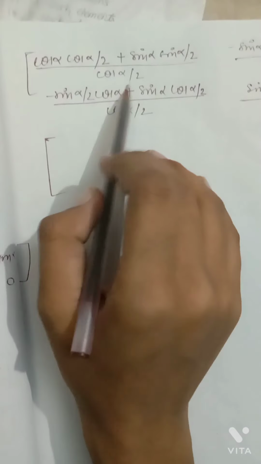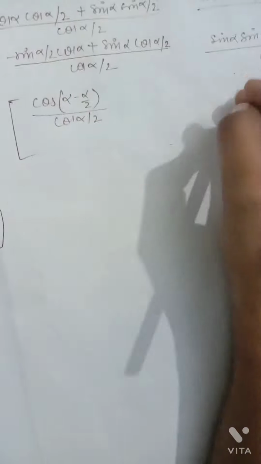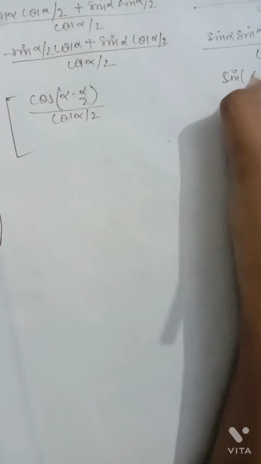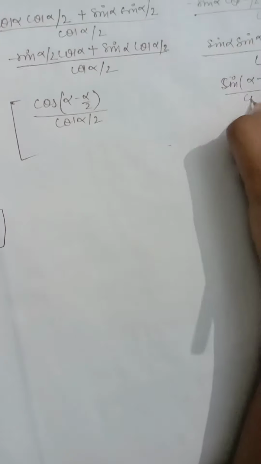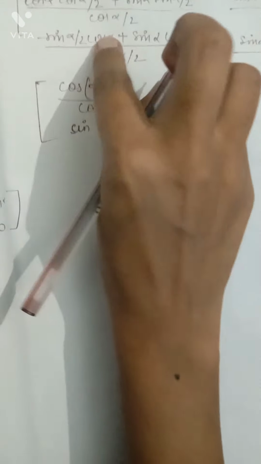Now from this we will get cos A cos B plus sin A sin B. It is an identity, cos of A minus B, upon cos alpha by 2. It is again sin A cos B minus cos A sin B, it is sin of alpha minus alpha by 2, upon cos alpha by 2. Now sin A cos B, again it is sin of alpha minus alpha by 2 upon cos alpha by 2.